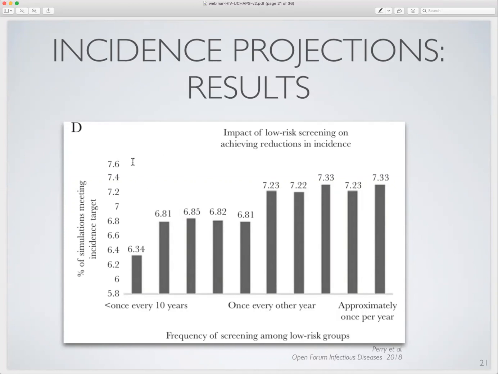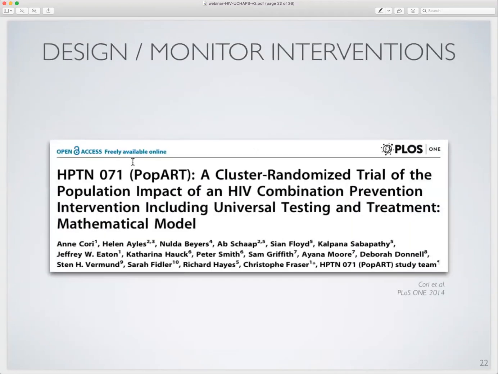Okay, so now we are going to look at a third modeling study that was a key part in designing a clinical trial. And although it's about a clinical trial, most of this could be applicable to other types of interventions. Okay? So this clinical trial took place in 21 clusters in Zambia and South Africa.